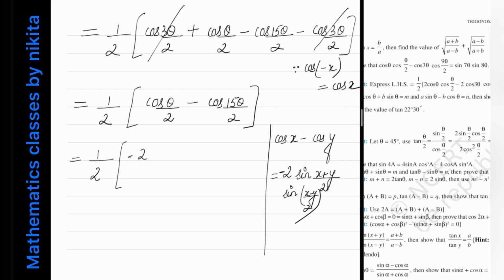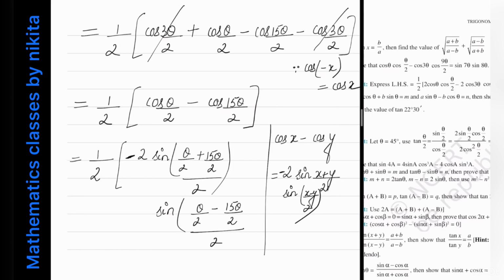Minus 2 sin of theta by 2 plus 15 theta by 2 whole divided by 2 into sin of theta by 2 minus 15 theta by 2 whole divided by 2. Now simplify this.